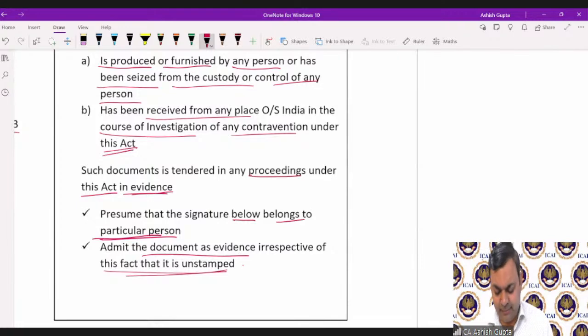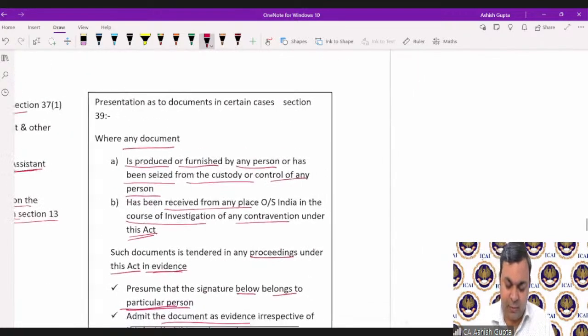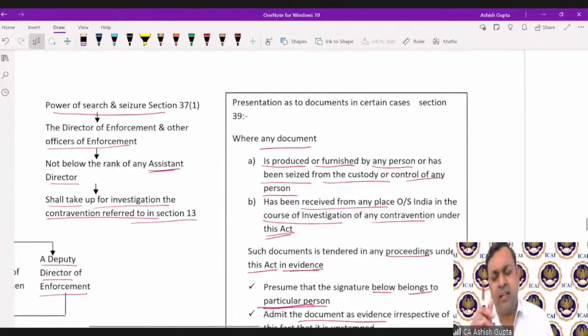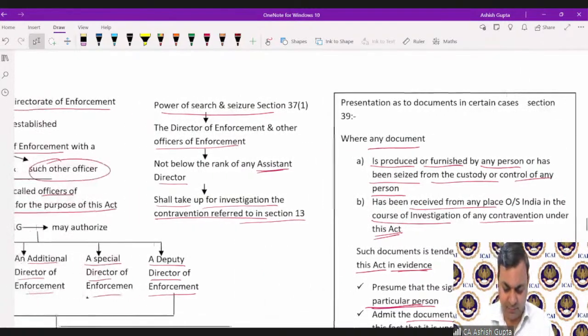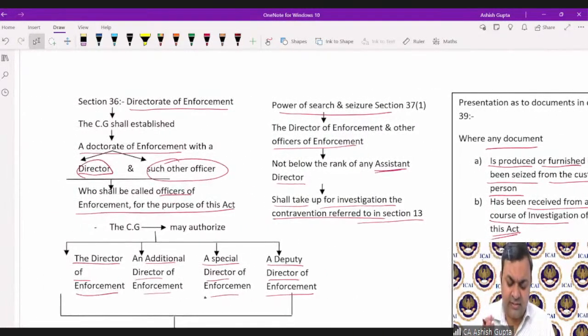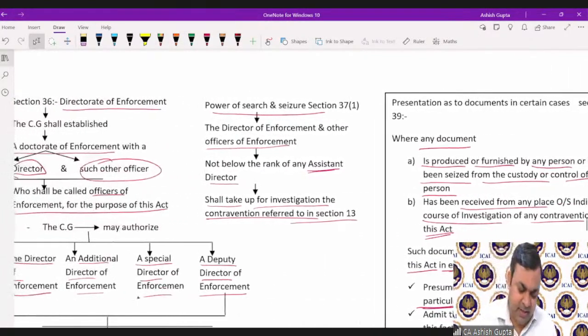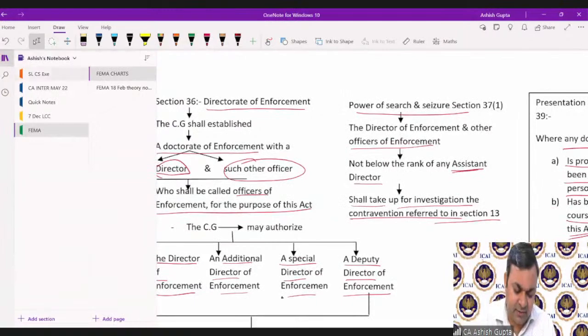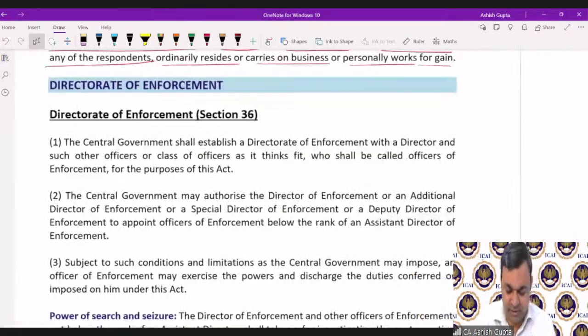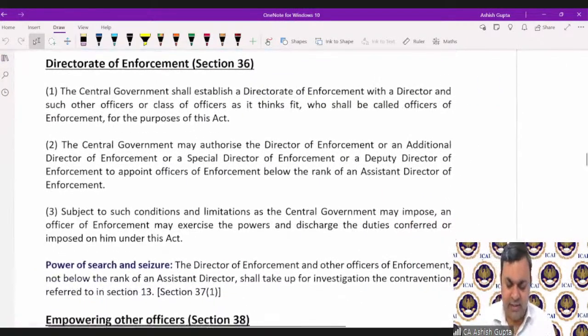So section 39 talks about the document part. Section 36 is the ED part, section 37 is search and seizure, and section 39 deals with the evidence and document part.